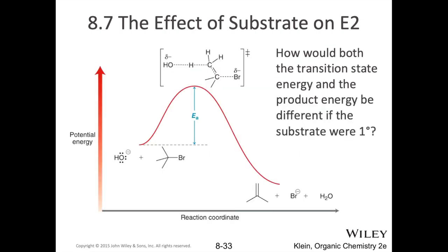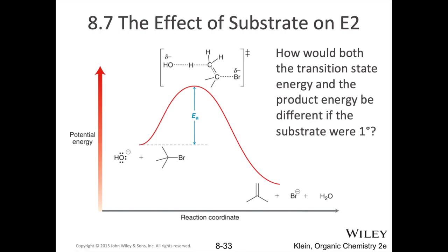If you recall, when looking at the preference of one mechanism over another, there are two ways to look at it, right? We want to look at either the activation energy to determine if it's a kinetic product that's favored, or at the stability of the product, looking at the potential energy of that to determine if the thermodynamic product is preferred.